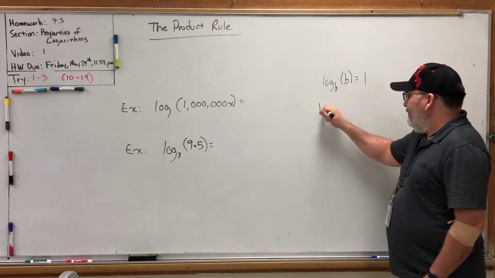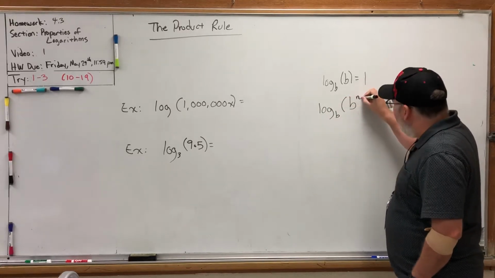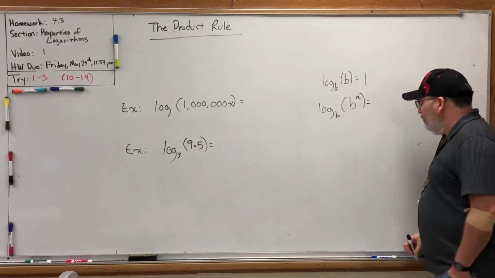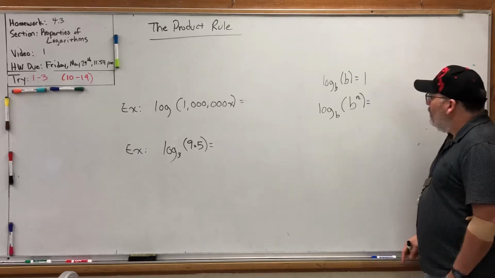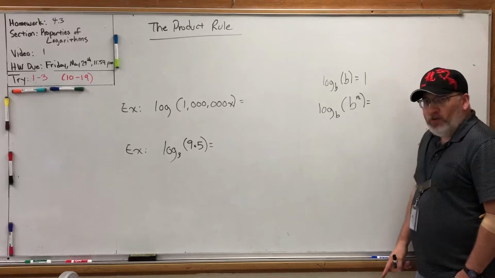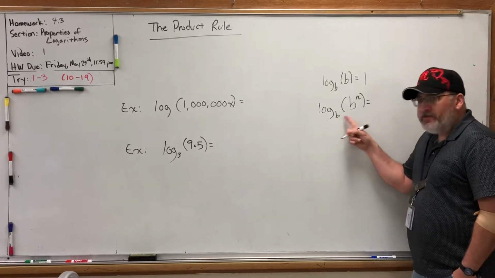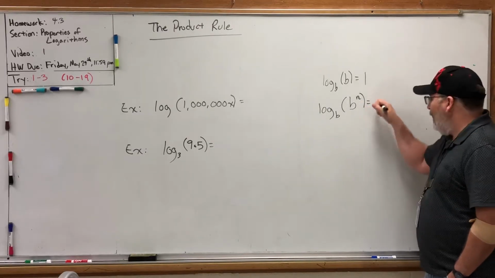Another one looked like this: log base b of b to the n power equals, well, remember the question a log is asking you: what power turns the base into the argument? Or in this case, what power would you put on a b to turn it into b to the nth power? Well, the answer is that power.